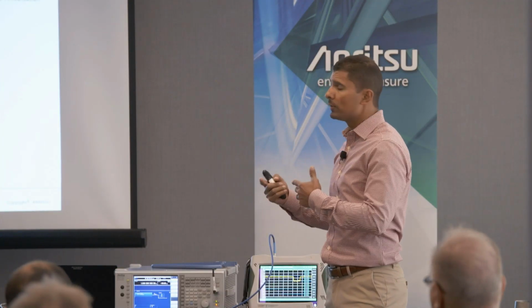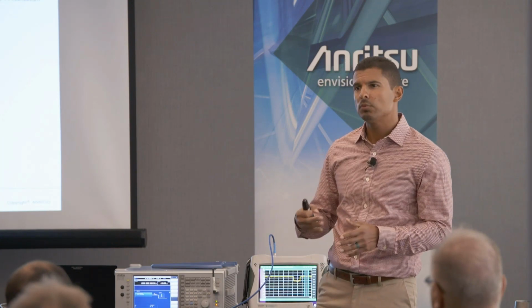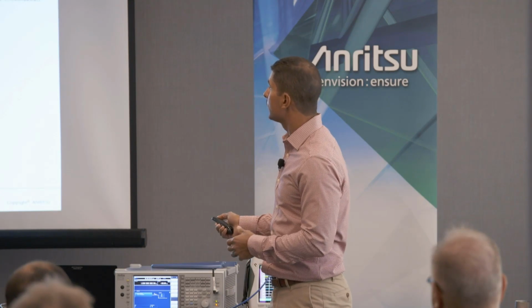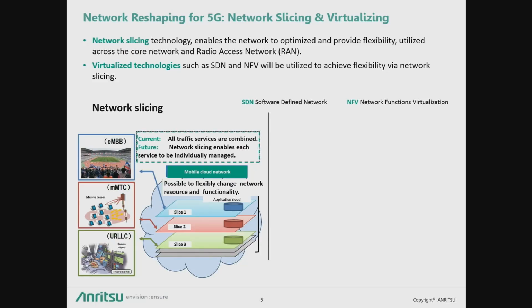Well, you need an ultra-flexible network, and that's where new terms for 5G were introduced, such as network slicing. As you can see on this slide on the left-hand side, what network slicing is referring to is being able to take those 3 different applications, once they're terminated on the radio, and prioritize them.